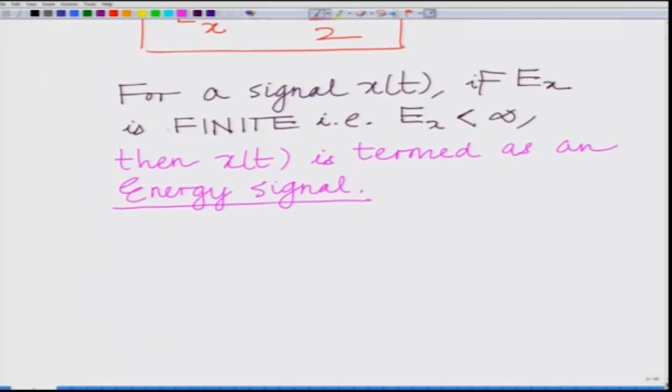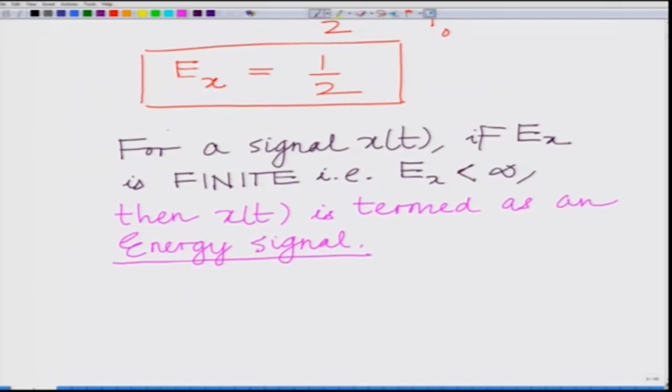That is, if the energy is finite, for instance, similar to what we have seen above, where the energy of the signal is half, which is a finite quantity, the signal x(t) is termed as an energy signal.